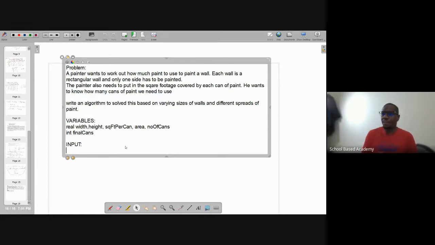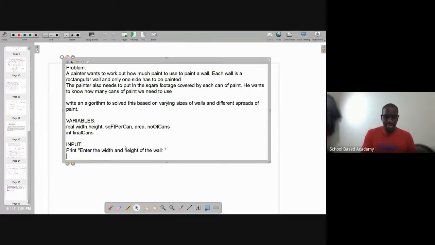So what is my input? What do I need to ask the user to do? I could say print, enter the width and height of the wall.